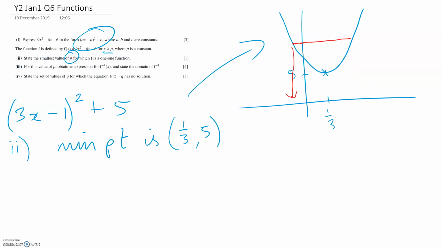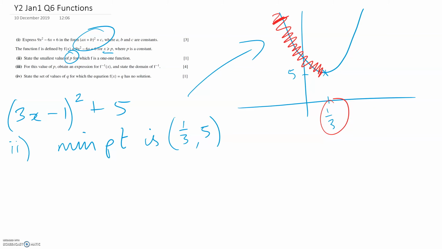If I just get rid of what I've just drawn there, if we chop the quadratic in half, in other words, if we get rid of all of this, let's just scribble it out, and we just have the quadratic for x values greater than 1/3, then we can see the graph is now a 1-to-1 function.